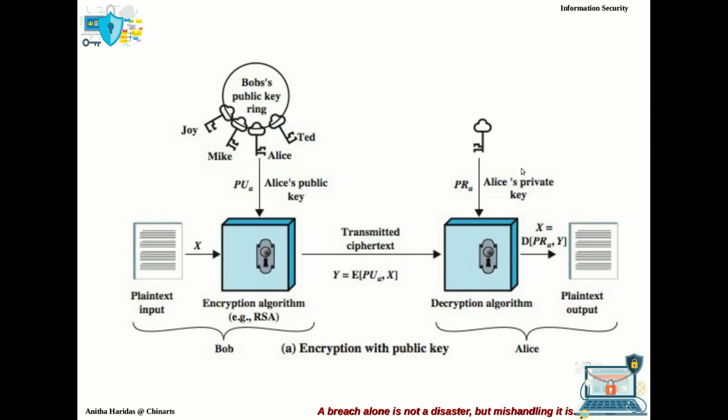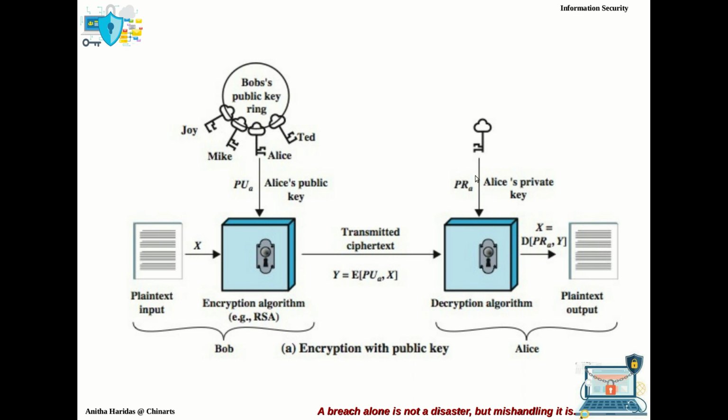Now this is the diagrammatic representation of how encryption and decryption is done with public key and private key. Here let us assume this is the encryption with the public key, right? So what happens here, Bob wants to transmit data to Alice.